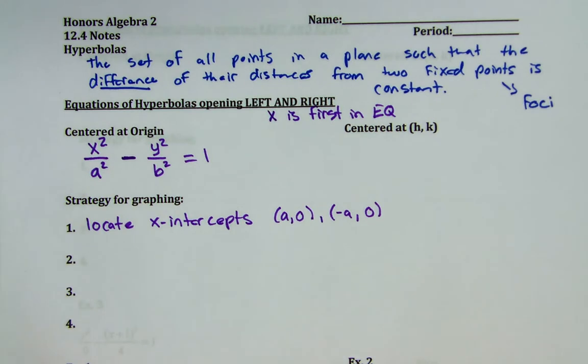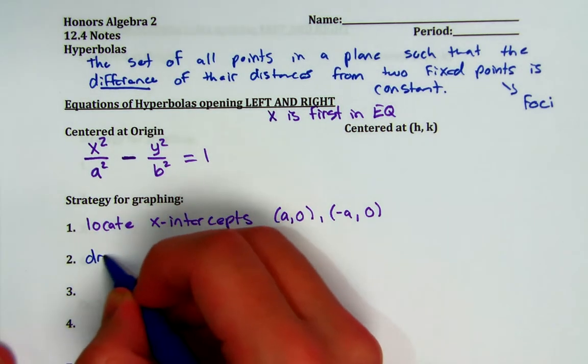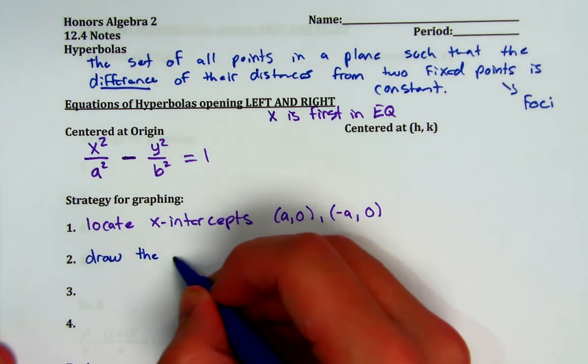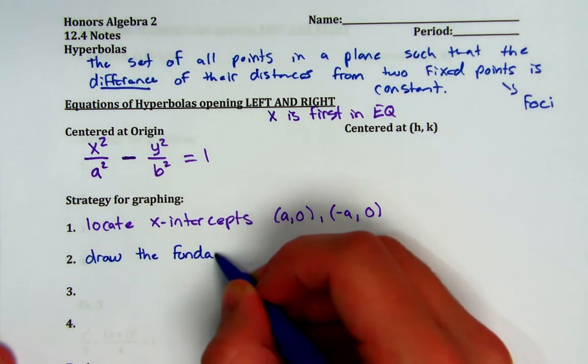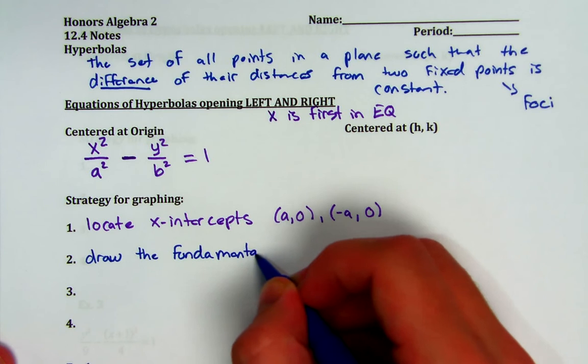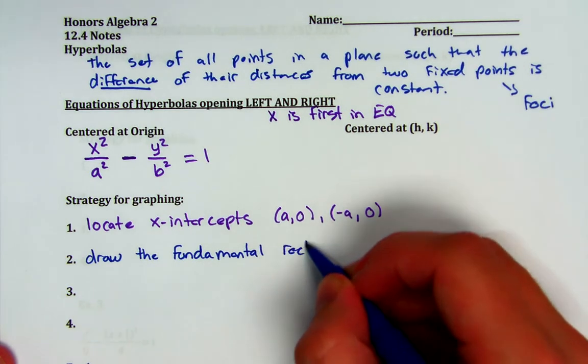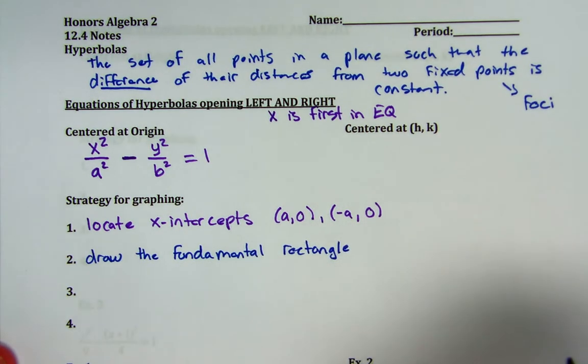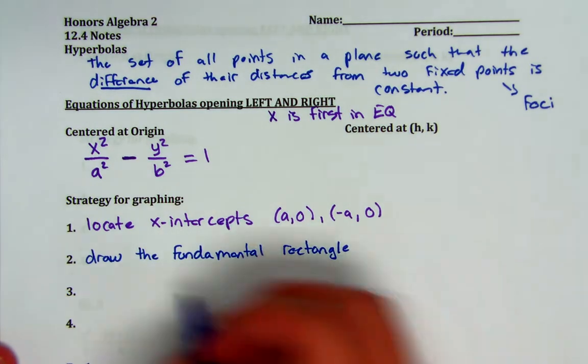Step 2 is to draw the fundamental rectangle, and we'll talk about what that is when we go to the example. And that's using plus and minus a and plus or minus b.